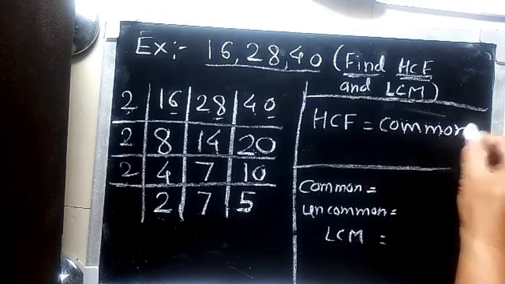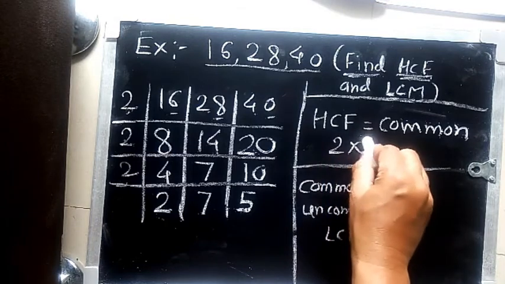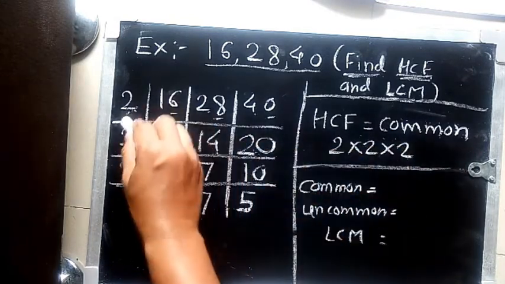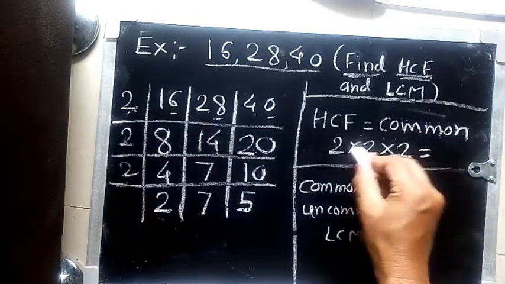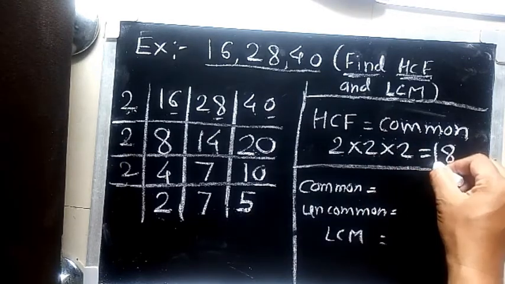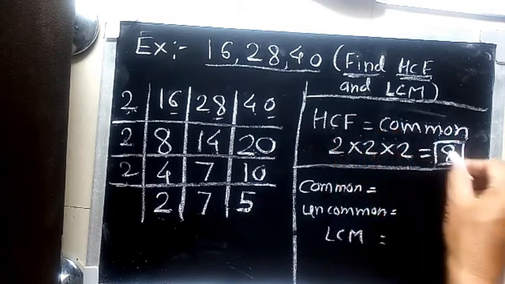When finding the HCF, write down the common prime factors. 2, 2 and 2: 2 twos are 4, 4 twos are 8.